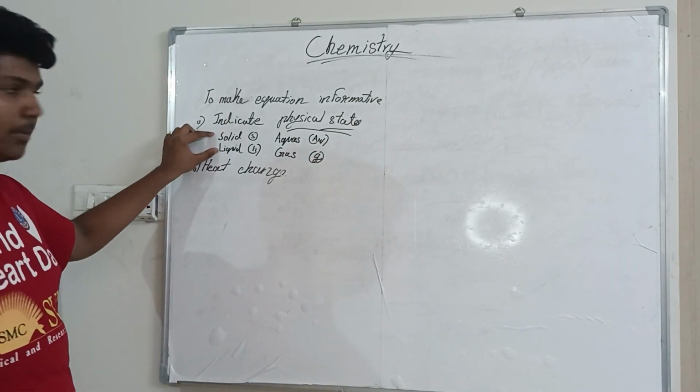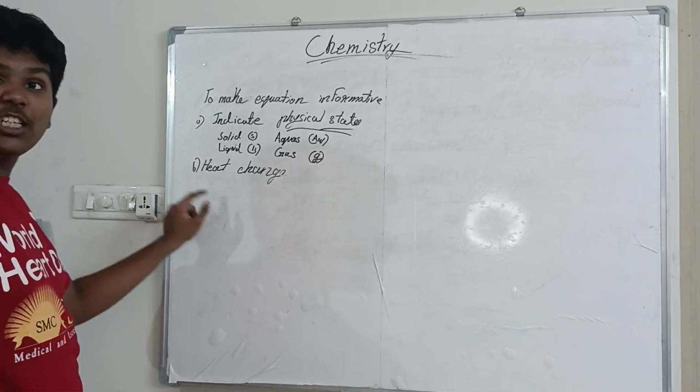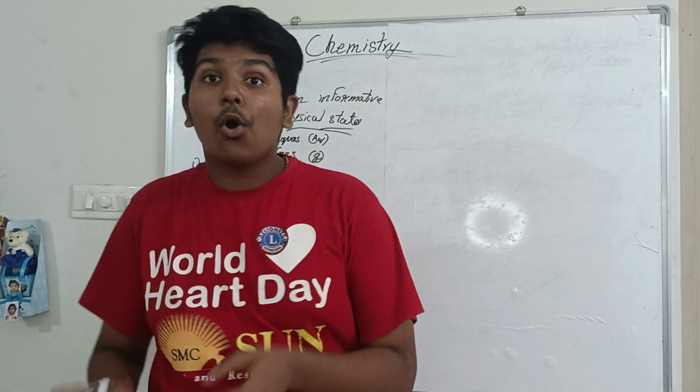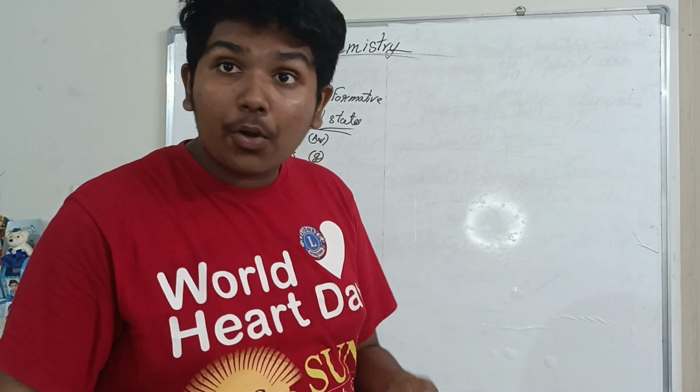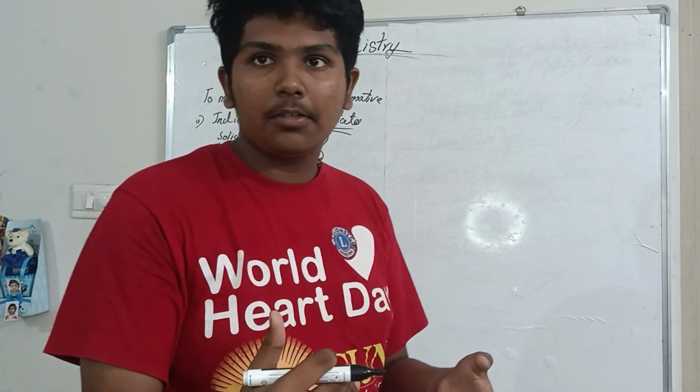So, memorized? Now next is heat change. So, what does heat change mean? If it's an exothermic reaction or endothermic reaction, how do you tell? When it's an exothermic reaction, the product receives plus heat.